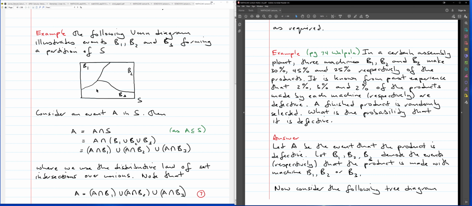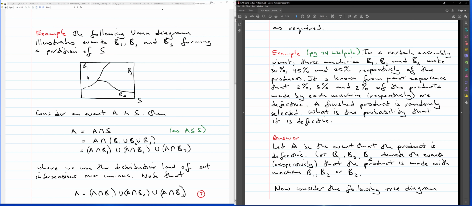So of your set of products made by the factory, a certain subset of those would be defective, and that subset is your event A here. So A is the event that the product is defective. Now, if you have a product made by the plant and that product is defective, right?